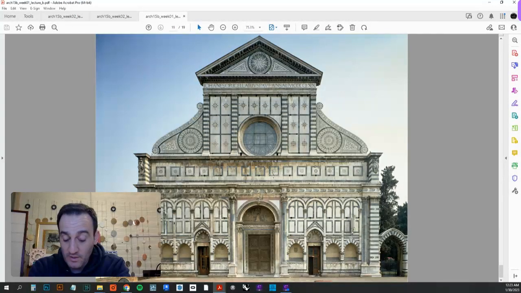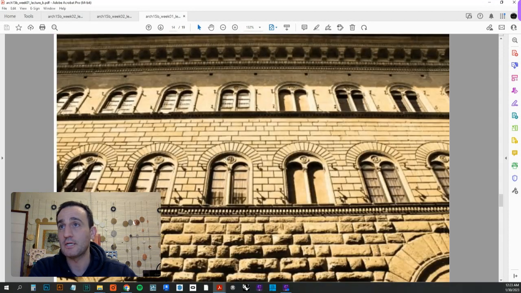The next term is rustication, which is to build or face with usually rough-surfaced masonry blocks having beveled or rebated edges, producing pronounced joints of a rusticated facade. And a good example is Palazzo Medici Riccardi.